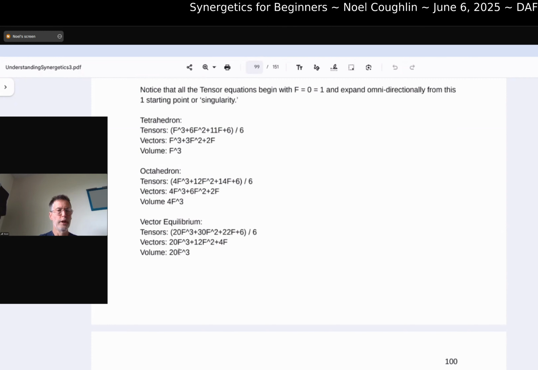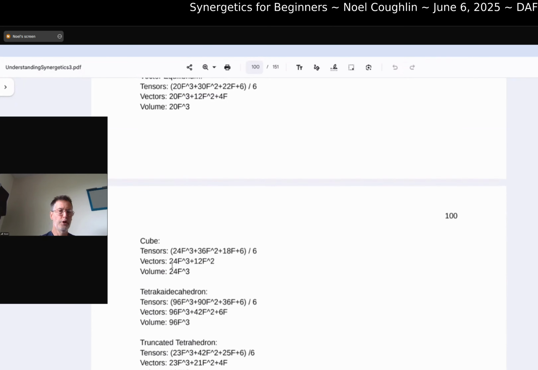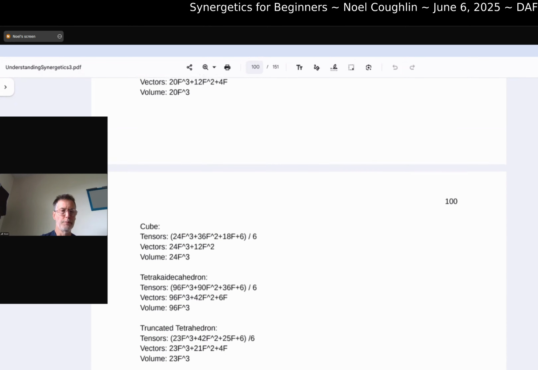The vector equilibrium always has 20 times as much volume as the tetrahedron. The cube always has 24 times as much volume. The tetrahedron has 96 times as much volume, and the truncated tetrahedron has 23 times as much volume.